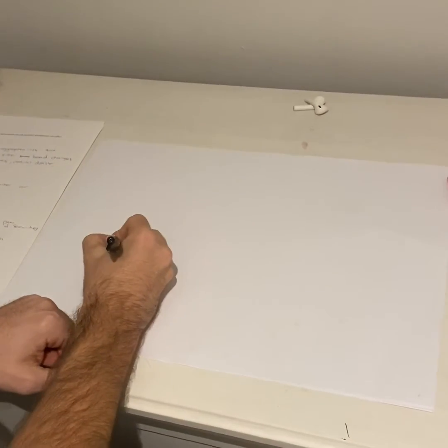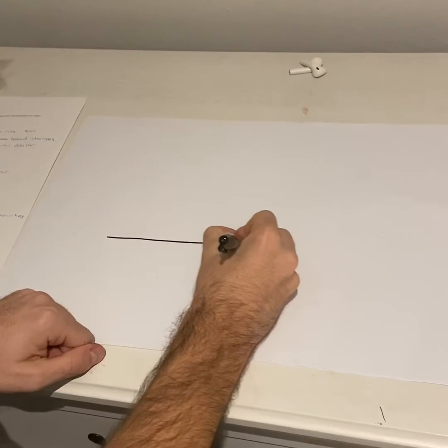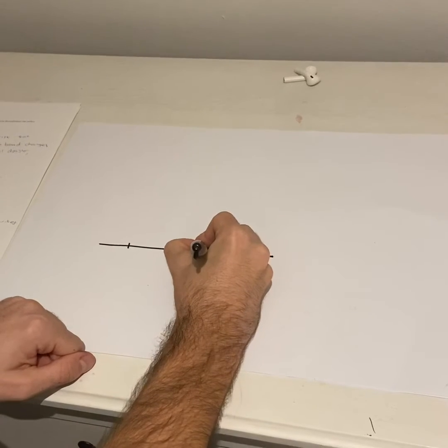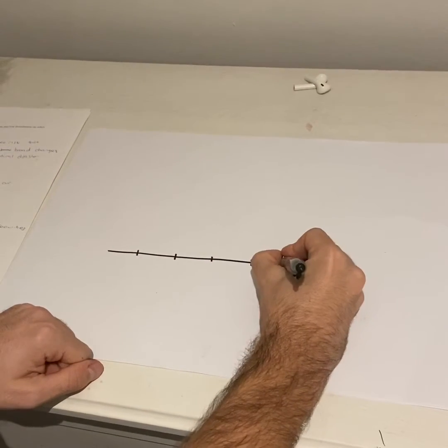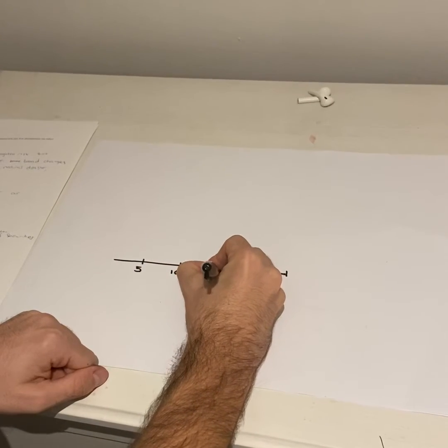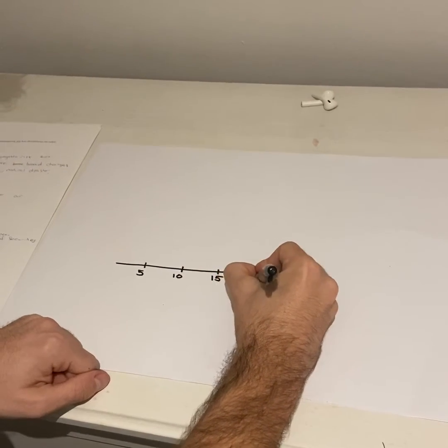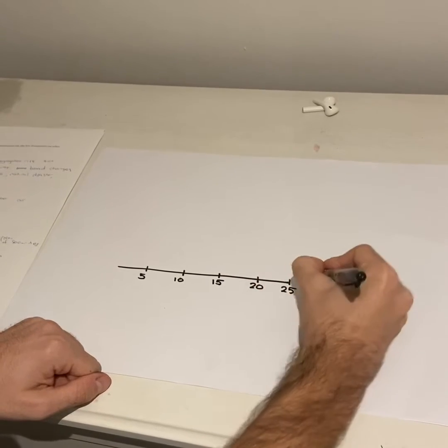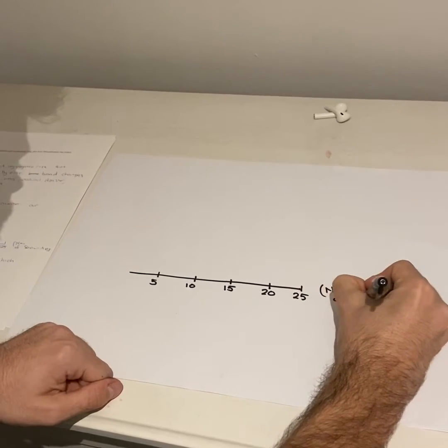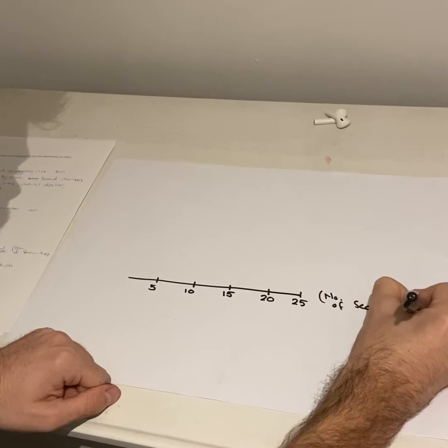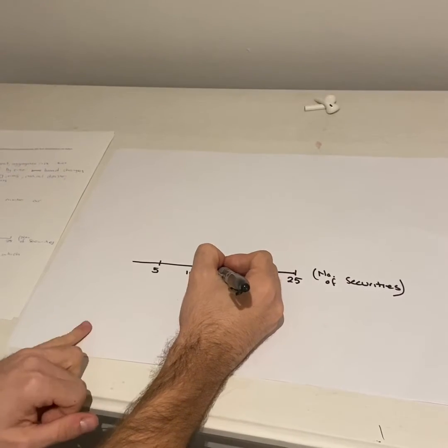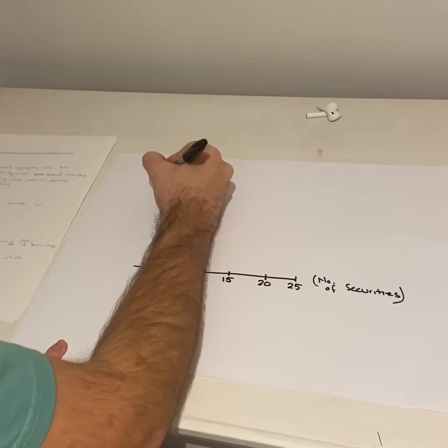Okay, so on the x-axis, we number our securities, followed by risk on the y-axis, which is represented by beta.